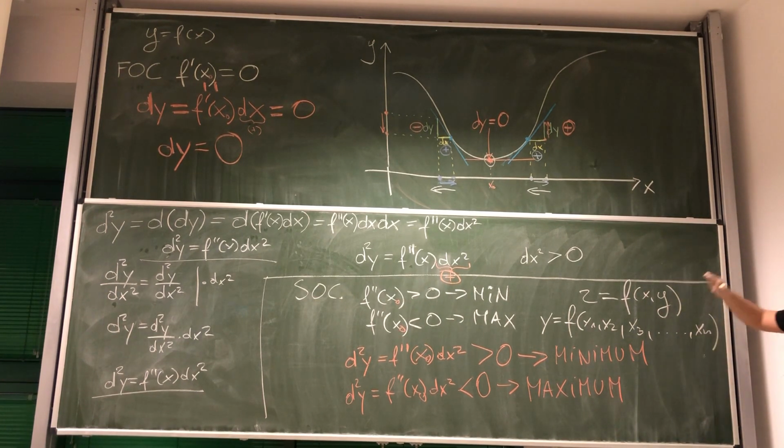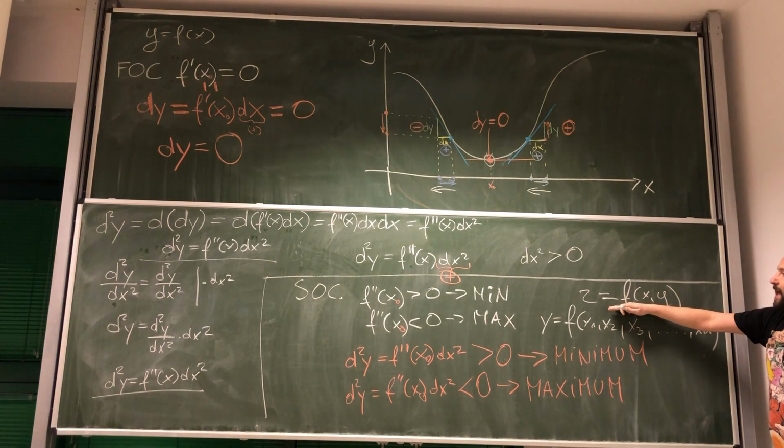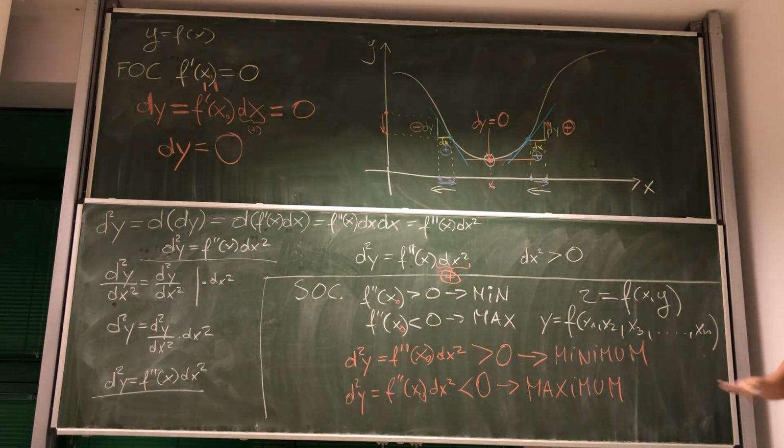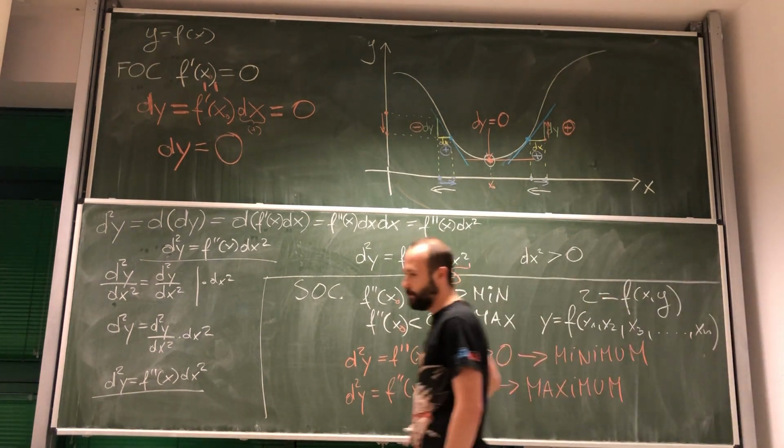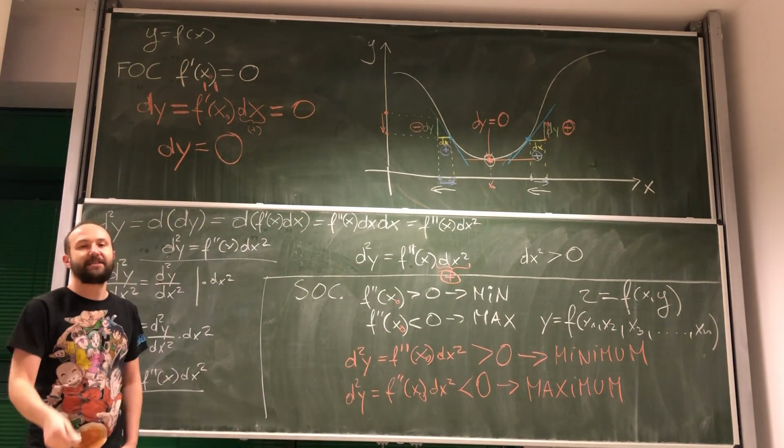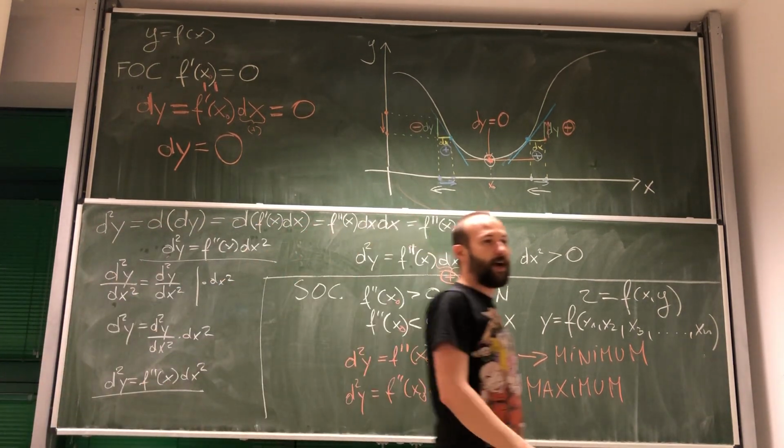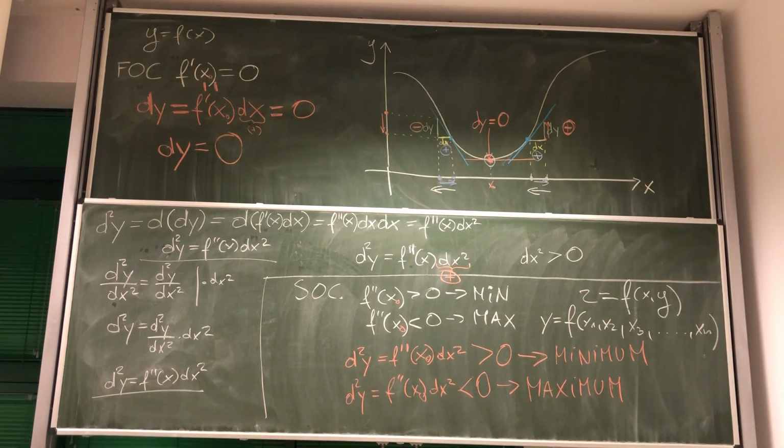We will learn how those functions look, and for all of these functions, we will learn how to find their maximum or minimum if it exists. Okay, thank you for your attention and see you in the next video.